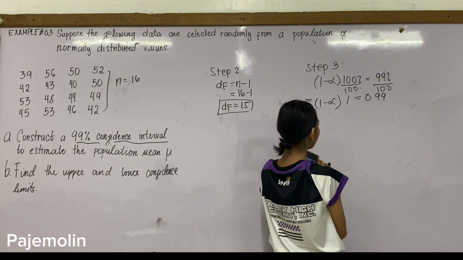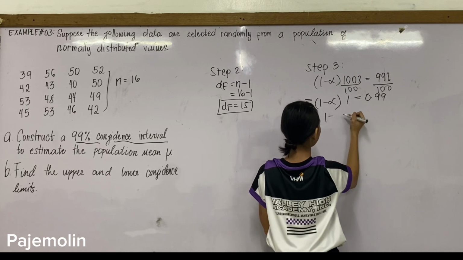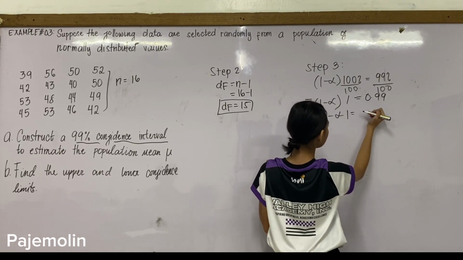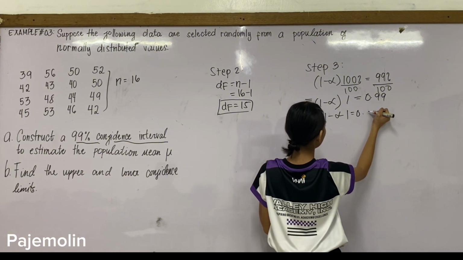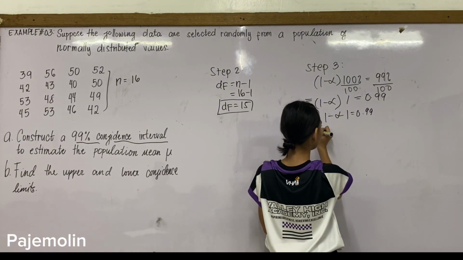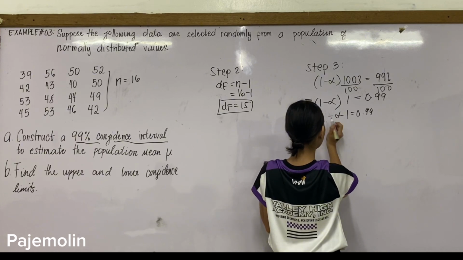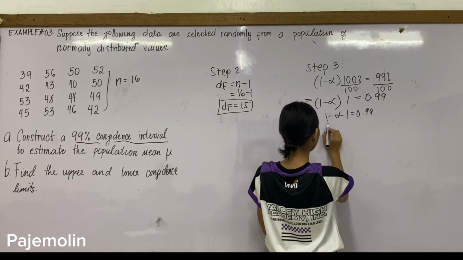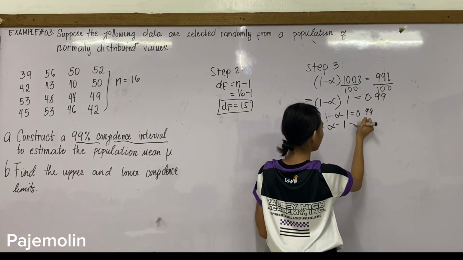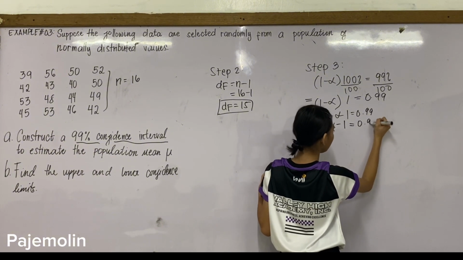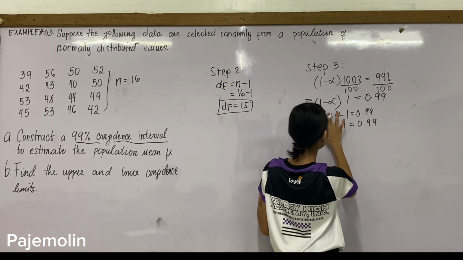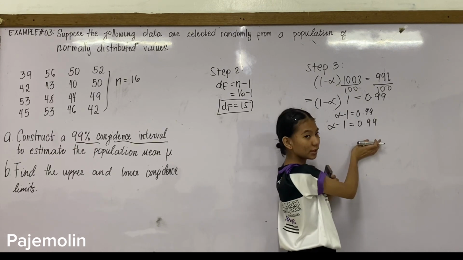So we have 1 minus alpha equals 0.99. Now we have to transpose this.